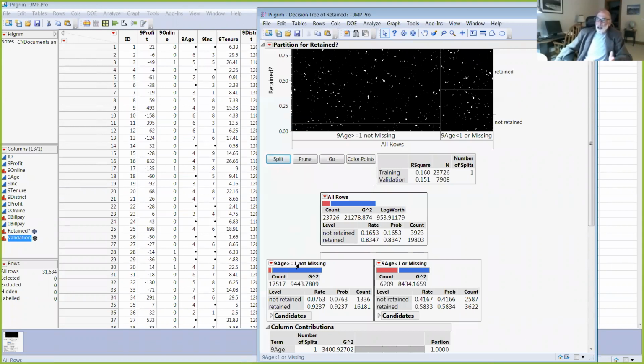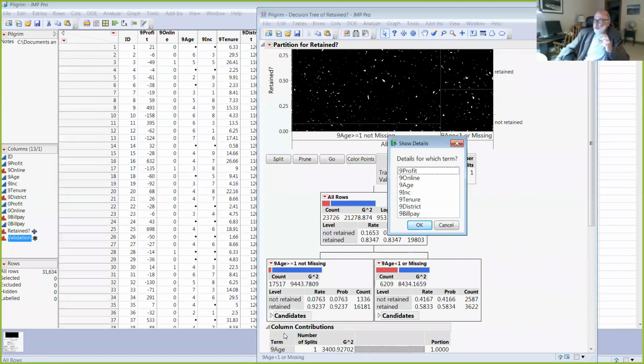So are they not children and not missing, or children or missing? That's the single biggest differentiator between being retained and not being retained. And if you click on this red arrow, I think the details, let me see, show details.